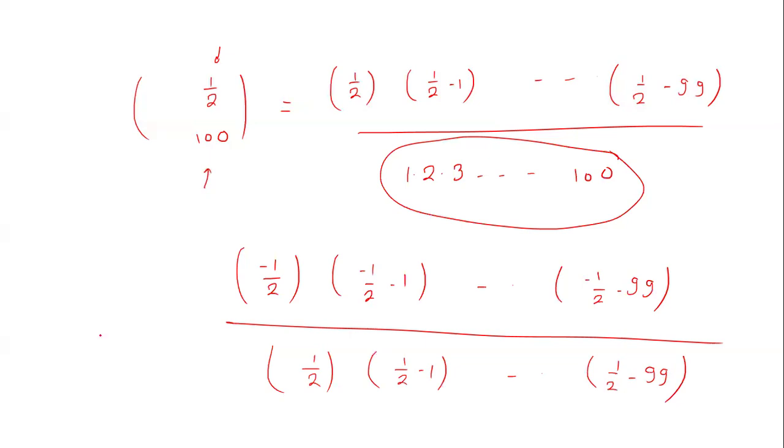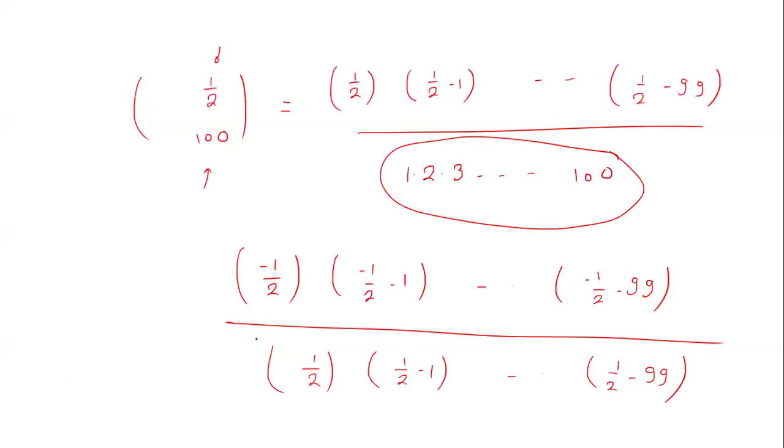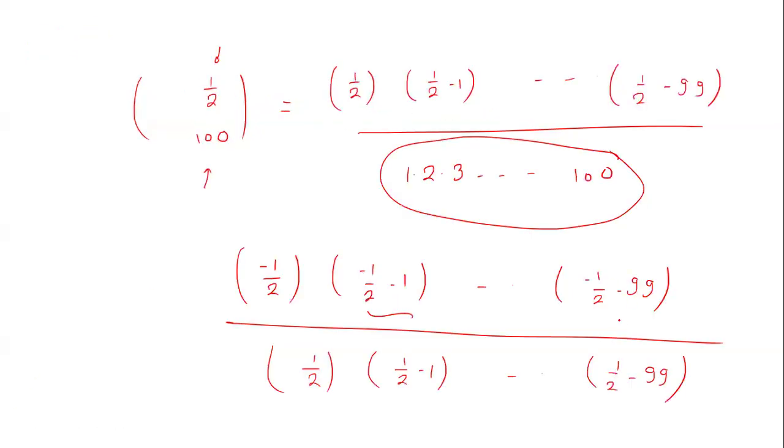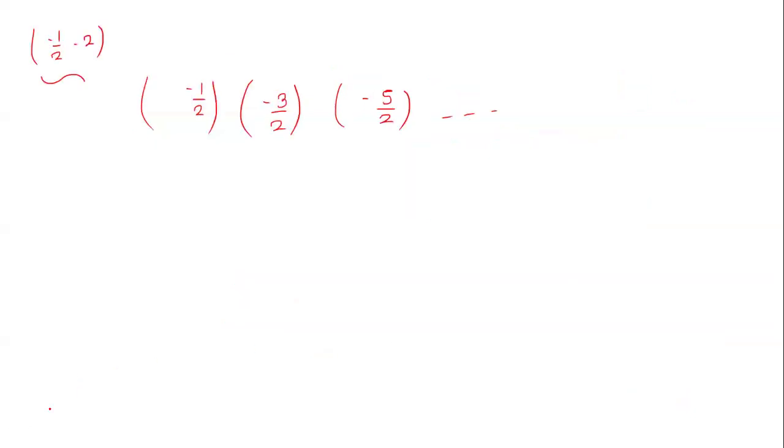Now you see there are different terms. In the numerator there is minus half, and the next term simplifies to minus 3 by 2. Then in the next term we have minus half minus 2, which simplifies to minus 5 by 2. Similarly it goes like this, and in the last term you can see minus 199 by 2.